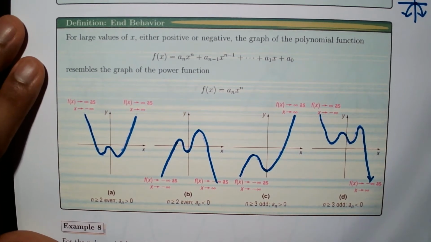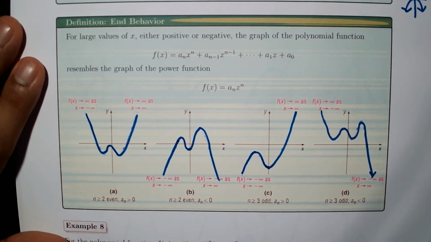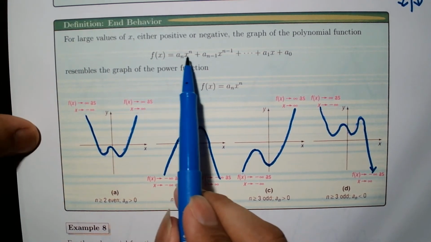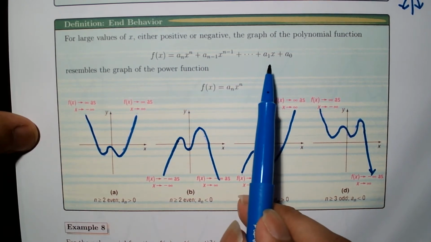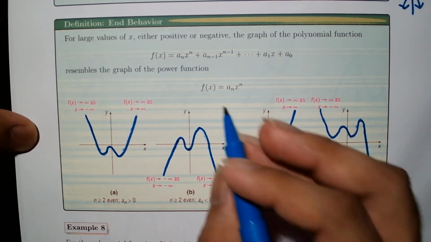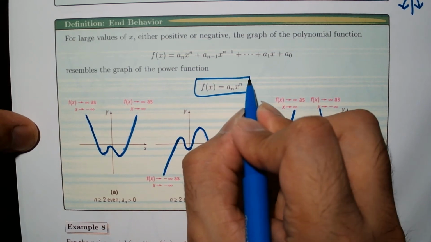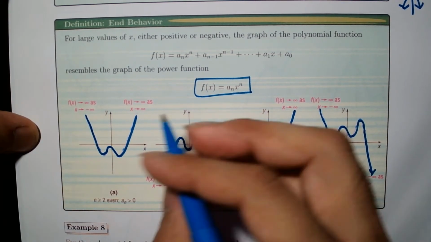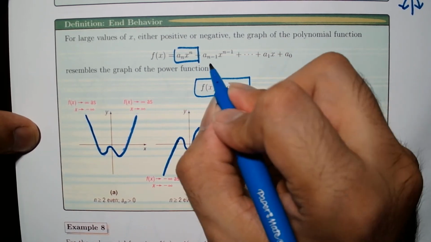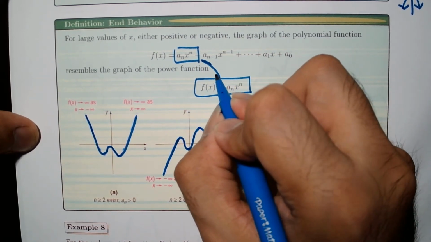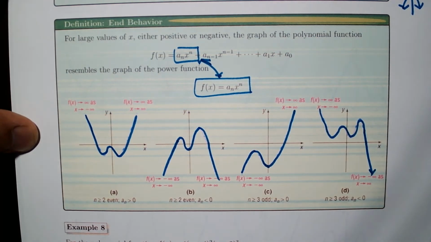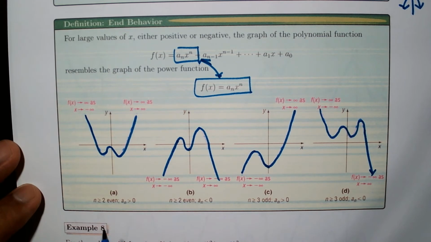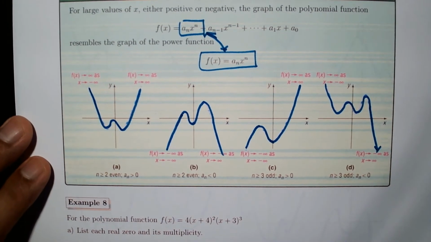Now, again, the end behavior, that's one of the most important aspects when it comes to polynomial functions. This is the general form as we already did at the beginning of the section. However, the term that dictates the behavior of the polynomial is actually the leading term. So we're going to have 4 cases.